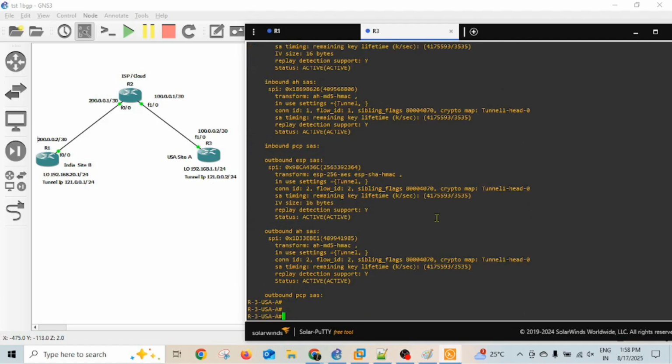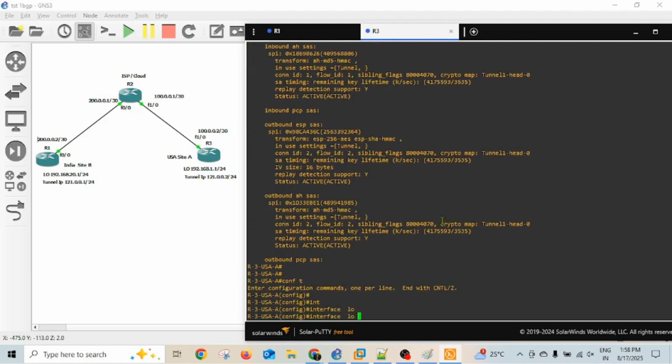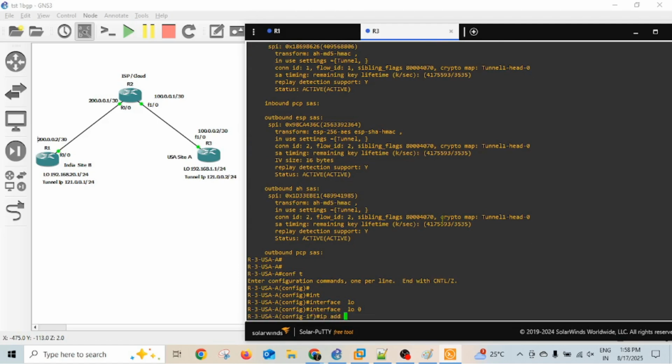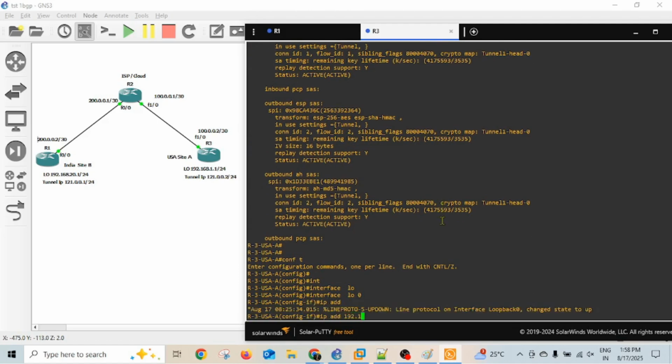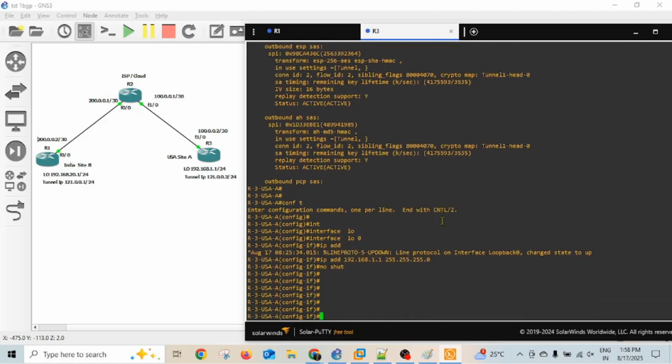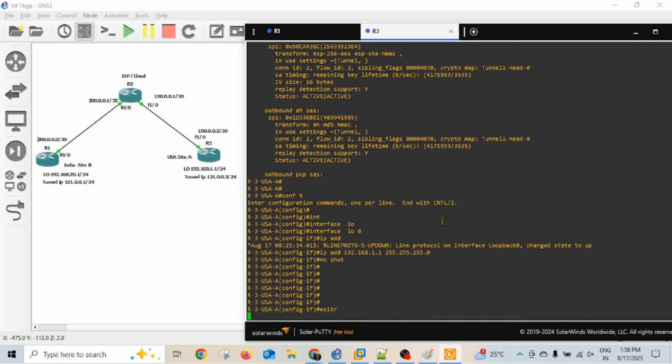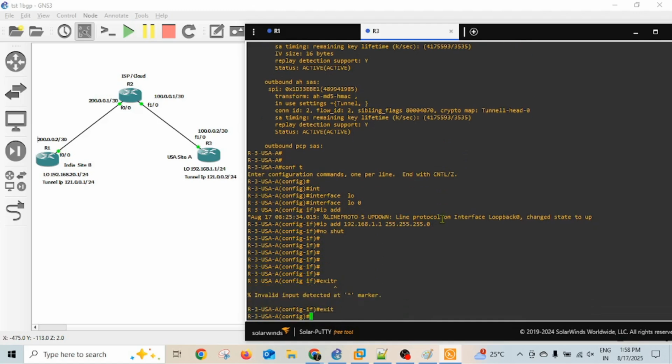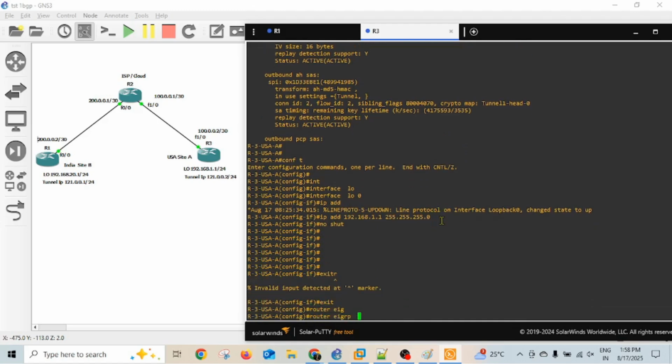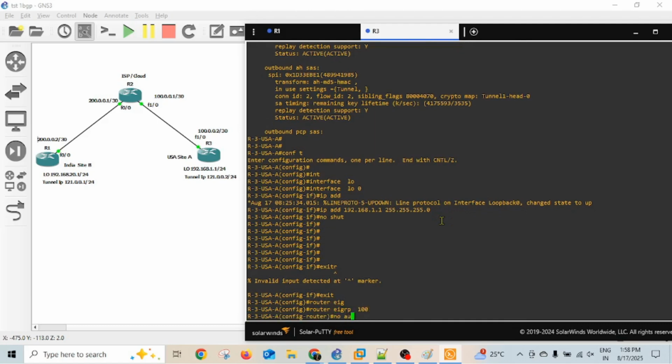This one, okay, I just configure interface loopback 0. IP address will be 192.168.1.1, 255.255.255.0. Okay, and I have configured. Now configuring router EIGRP 100, no auto-summary.